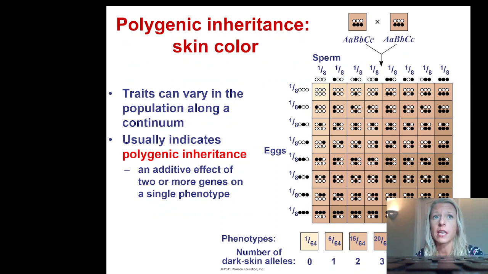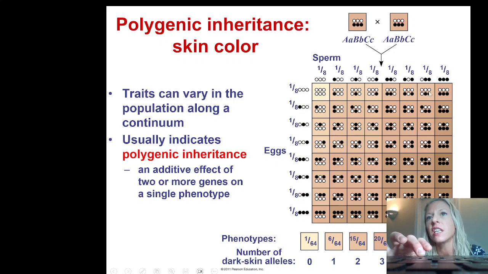Another example of polygenic inheritance is skin color. This is where we have an additive effect of two or more genes on a single phenotype. So here, in terms of phenotypes, this is what we have. We're looking at about six skin color alleles here that determine the darkness of your skin.